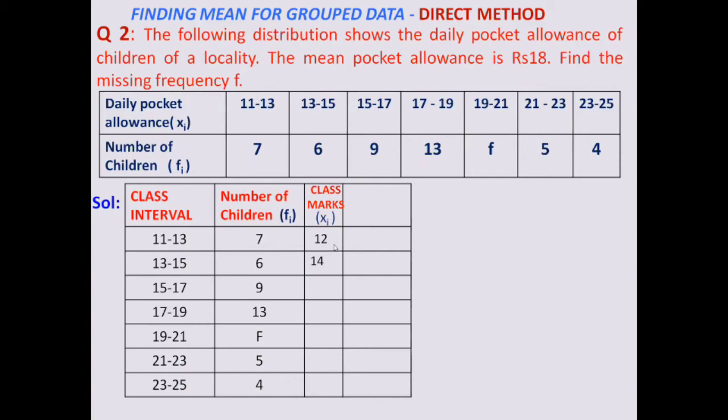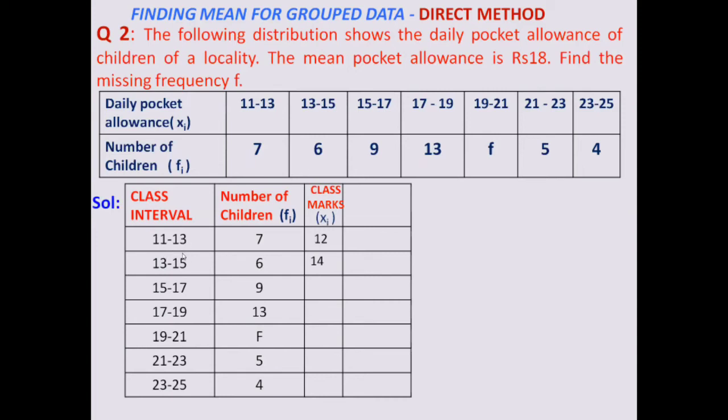The simple method to write all these class marks is to just add the difference. The difference of 2 consecutive upper limits or 2 consecutive lower limits will be equal anywhere you check. Here 15 minus 13 is 2, and 13 minus 11 is 2. This difference is called the class size.